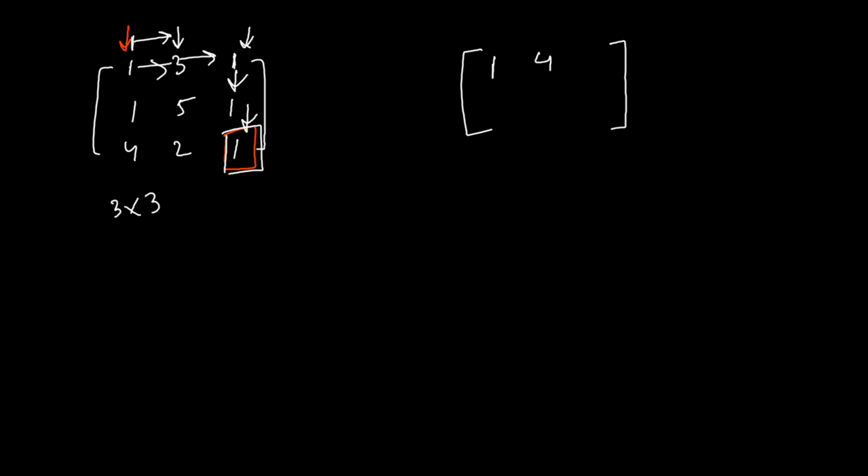We are at this point here, and we know the minimum path sum to reach this point is 4, and the only possible path is from the left side of 1. So we will add 1 to this 4, so it is 5. Simple. Okay, so the pointer is, let's say, here, and the only possible path to reach here is this. So 1 plus 1 is 2 in this case.